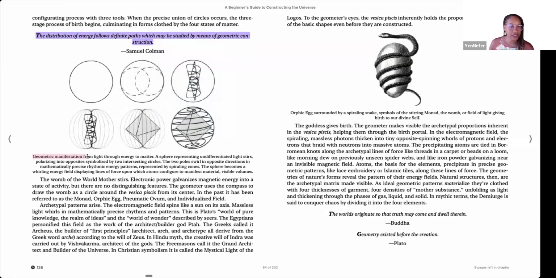So, geometric manifestation from light through energy to matter. That's what we're looking at here in this diagram. This is how light, which is like pure energy, becomes physical matter. This is the process it goes through, a three-stage birthing process.